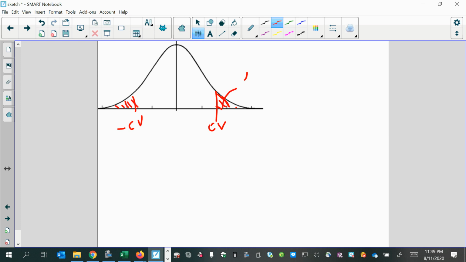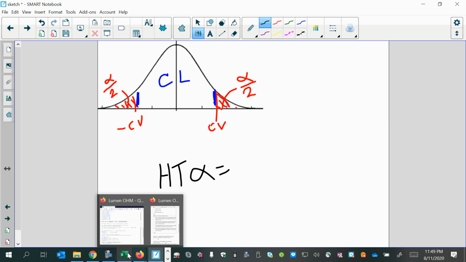So this area of alpha that we used for the hypothesis test has to be considered only half of our alpha when we're doing the confidence interval to make it two-tailed. And that way you have your confidence level in the center, right? So the confidence level will be 1 minus 2 of the original alphas. So the hypothesis test had an alpha of point, what was it? I forgot.